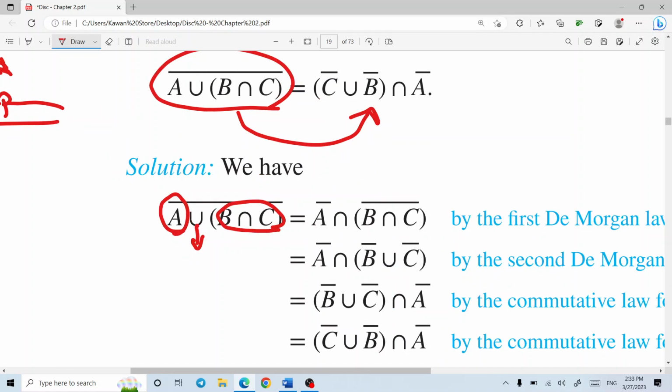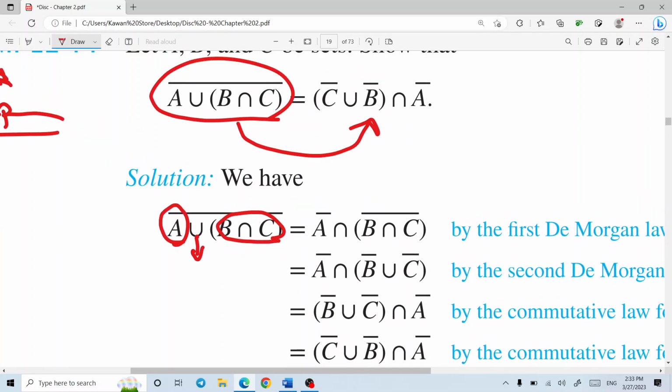Be careful. First I want to prove A union B all complement equals A complement intersection B complement. I know if I have that one, we deal with it part by part. So A complement intersection all these complement.